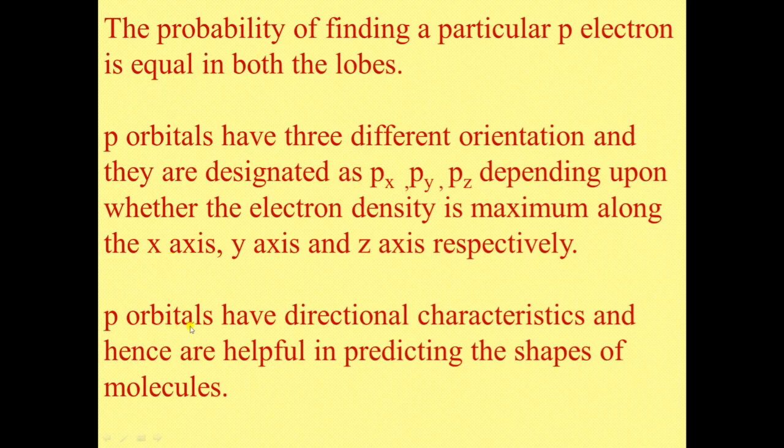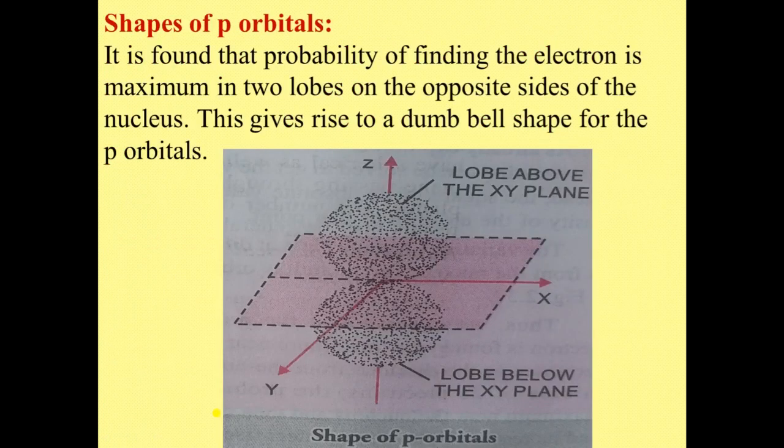P orbitals have directional characteristics and hence they are helpful in predicting the shapes of molecules. s orbitals are non-directional and p orbitals are directional in nature. Why? Because s orbitals are spherical in nature. So if we move in any direction, the probability of finding an electron is the same. But this is not the case for the p orbital.